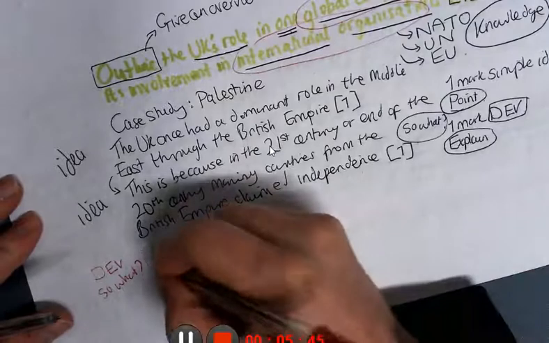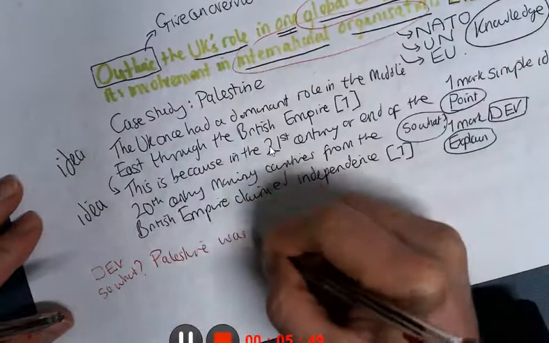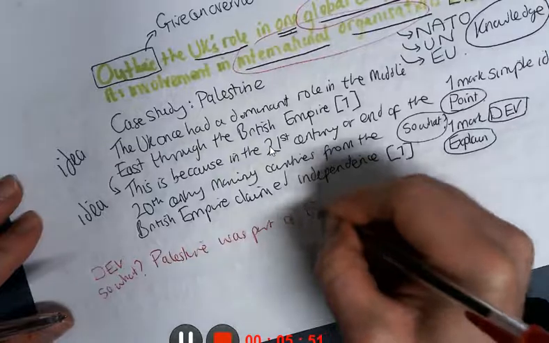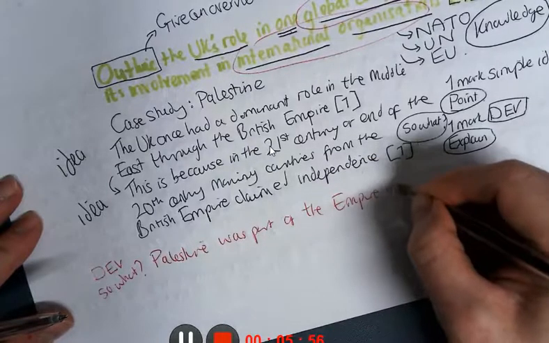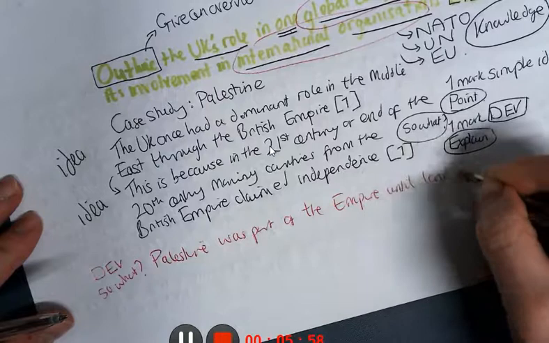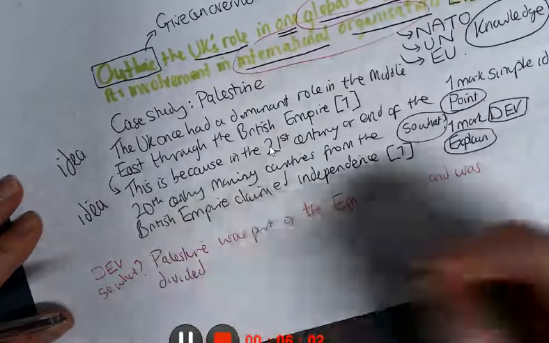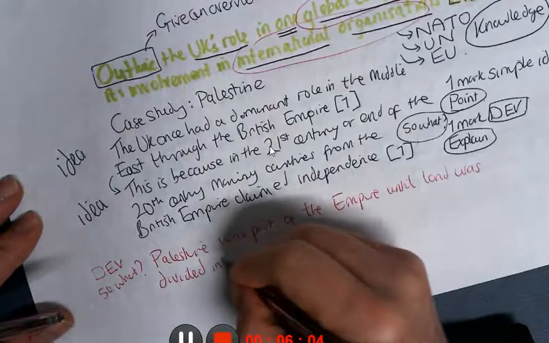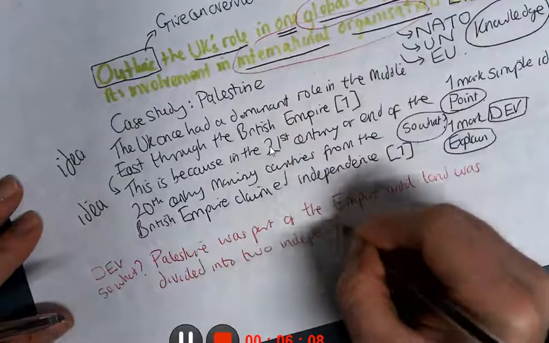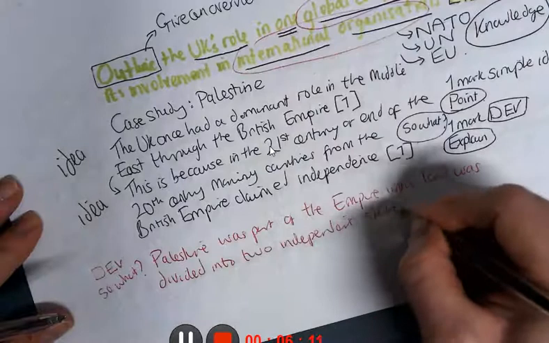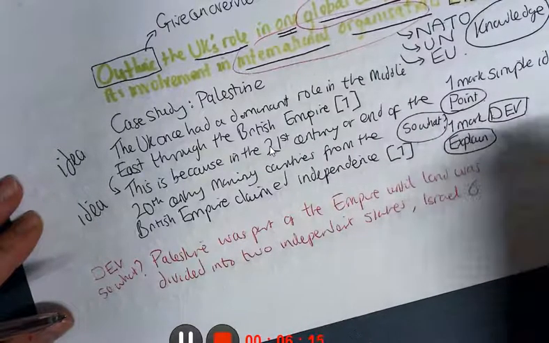So Palestine was part of the empire until land was divided into 2 independent states, Israel and Palestine.